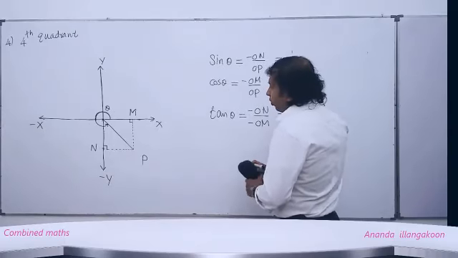In the first quadrant, we take A, which stands for all. S stands for sine, T for tan, C for cos.